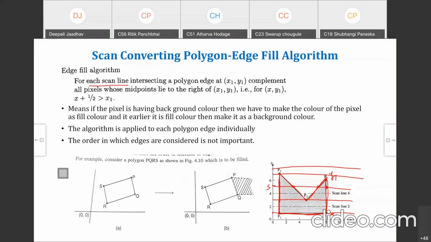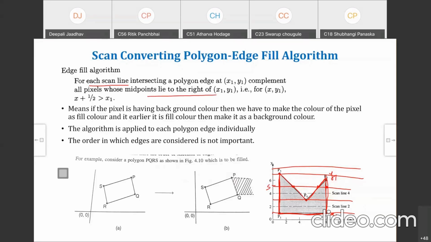So for each scan line intersecting a polygon edge at x1, y1, complement all pixels whose midpoint lies to the right of x1, y1. Complement all pixels on the right of x1, y1.